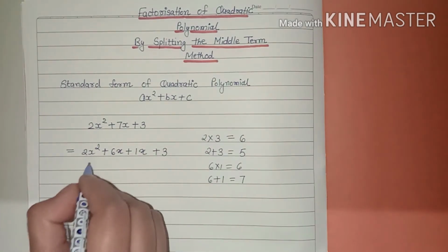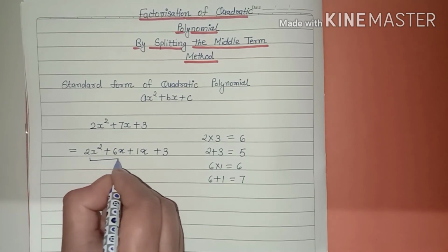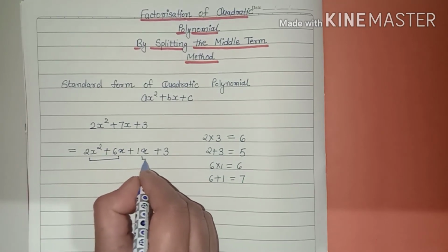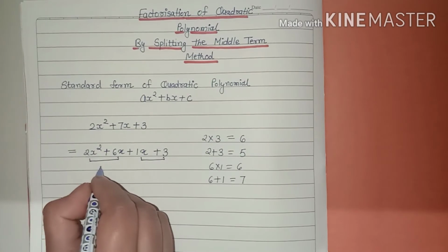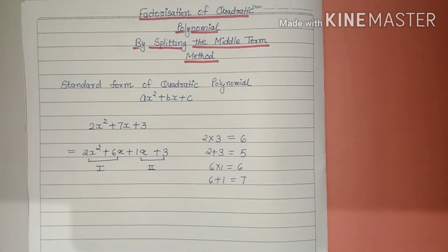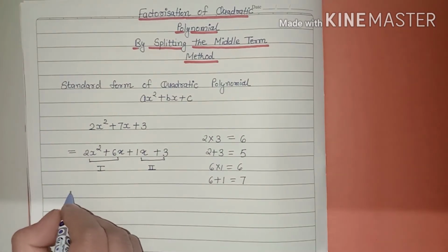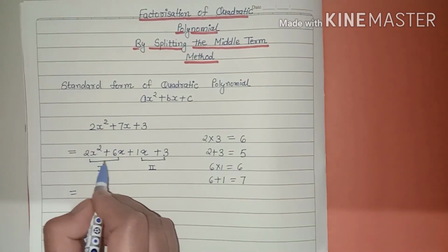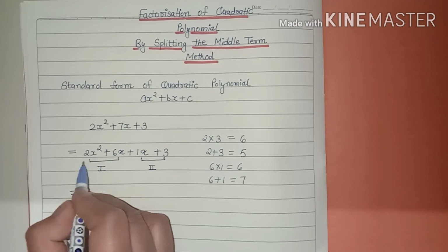Now we will apply the grouping method. In the grouping method, first we will make groups of two terms. This one is your first group and this one is your second group. Now we have to take common factors from the first group.